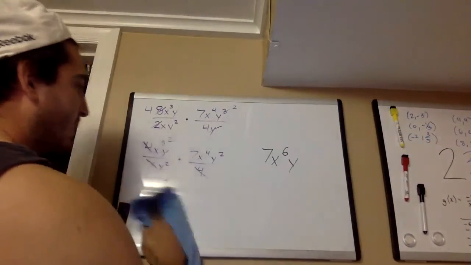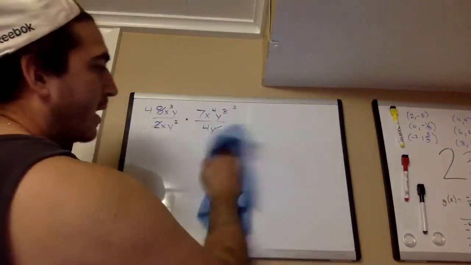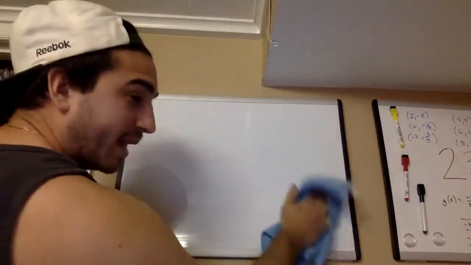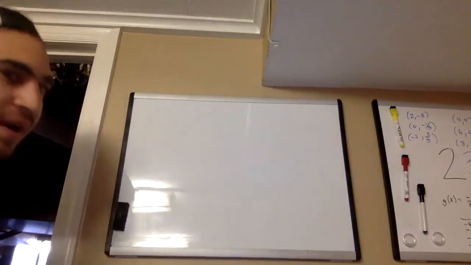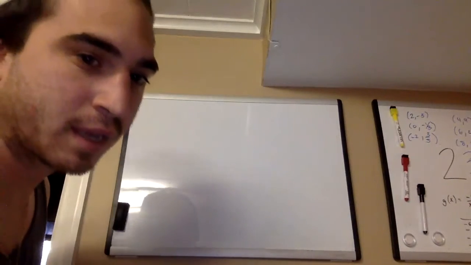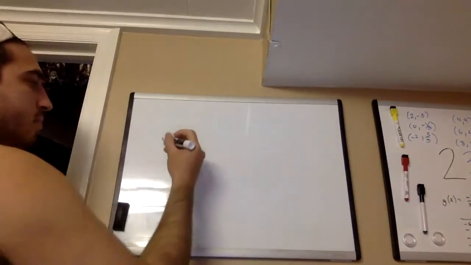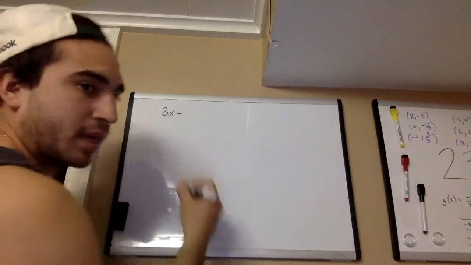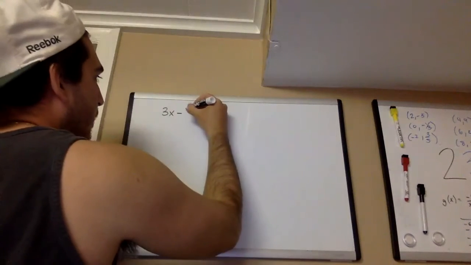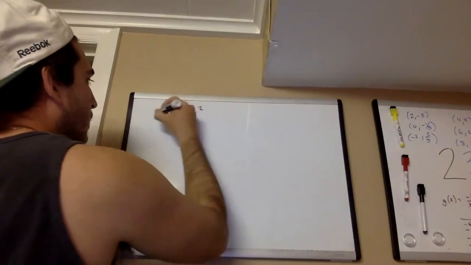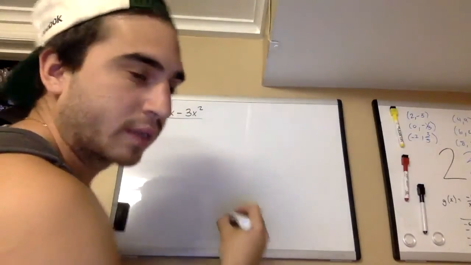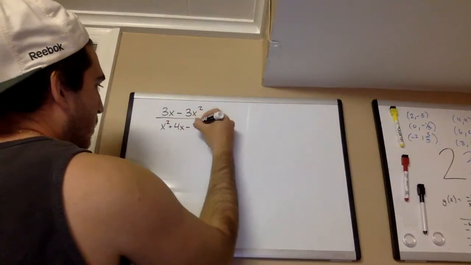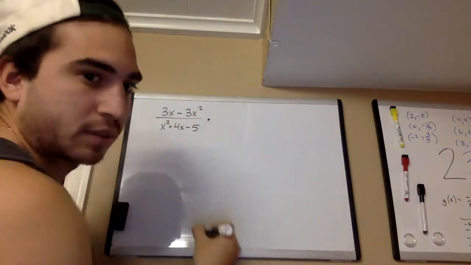So let's get rid of this. And as I said before, if you see multiple things that can cancel, go right ahead, just cancel it right out. You don't have to do that many steps. So let's say I have the problem 3x minus 3x squared over x times.